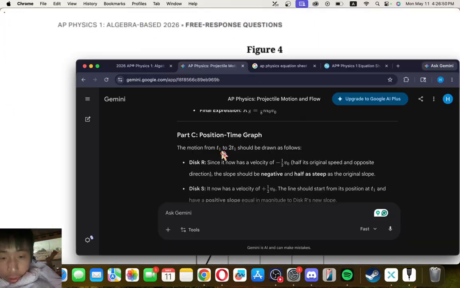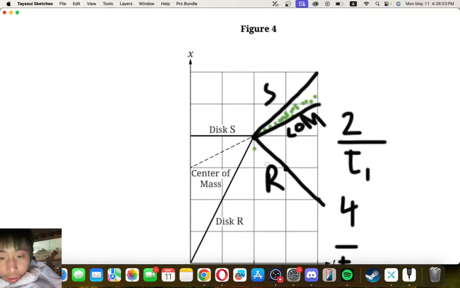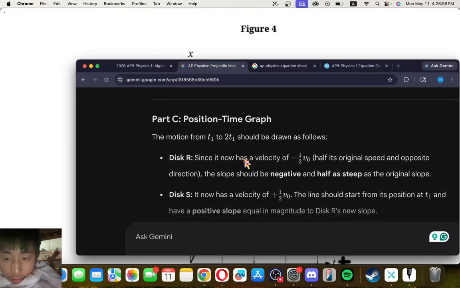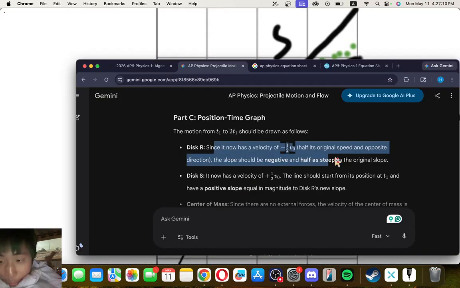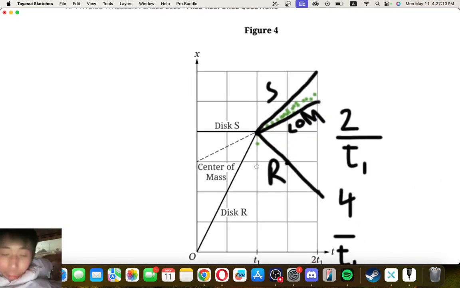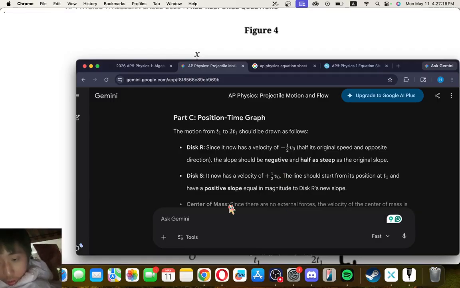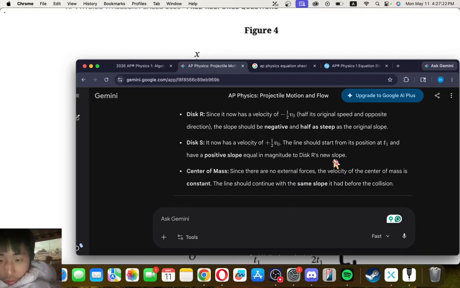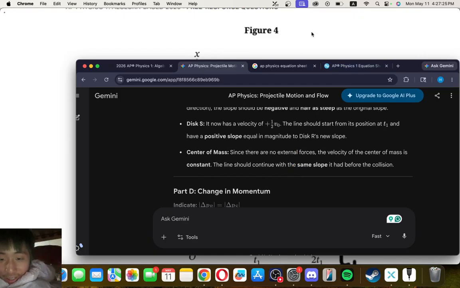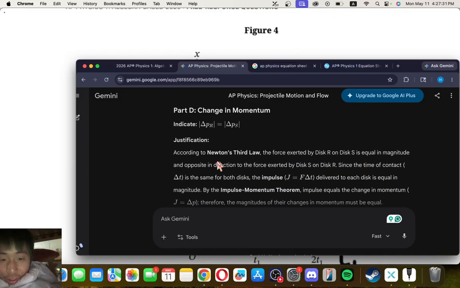Let's see. R should have a negative 1/2. Half as deep as the original slope. That's what I'm saying, bro. Oh yes, we are locked in, bro.